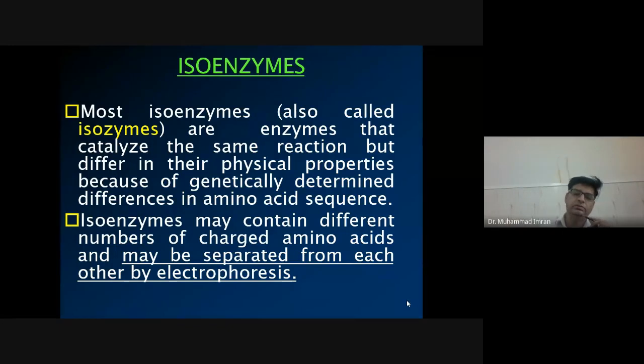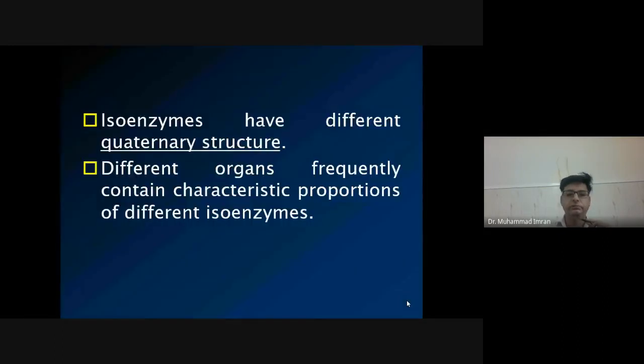There are two electrophoresis techniques which are used. One is SDS-PAGE and the other is native PAGE, which are used to separate the protein on the basis of their molecular weight and on the basis of their isoelectric point. So isozymes have different quaternary structure.